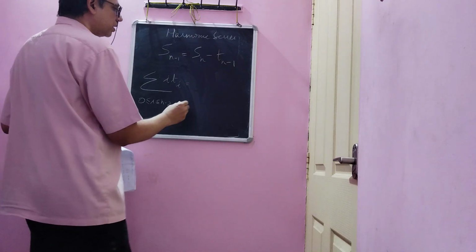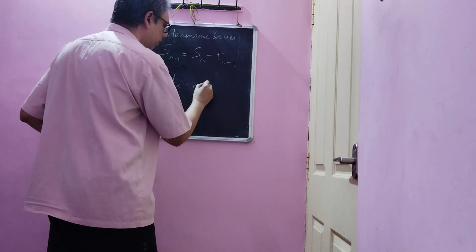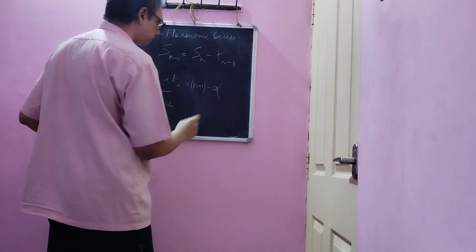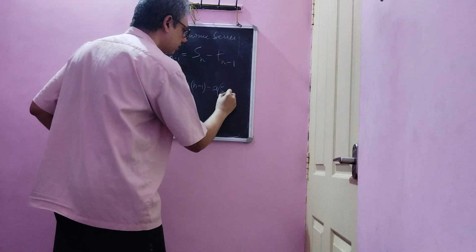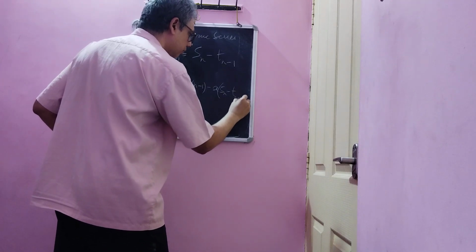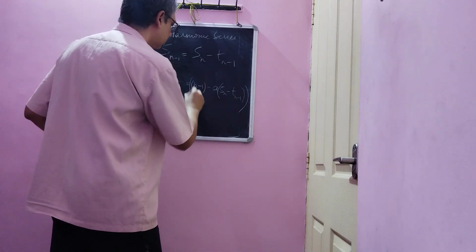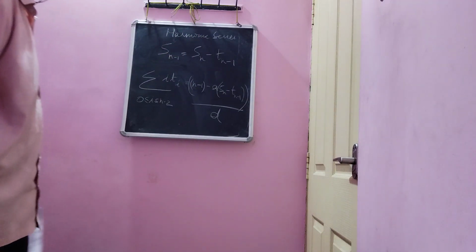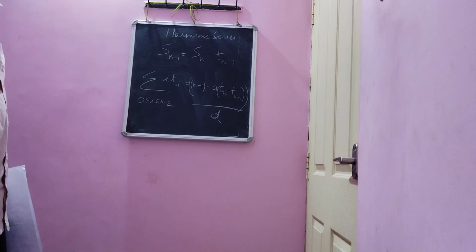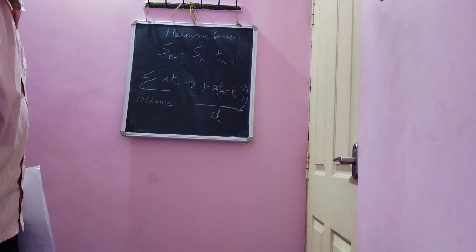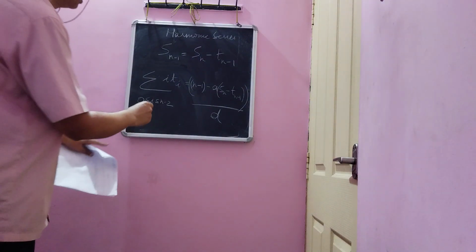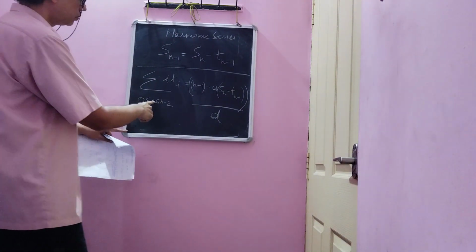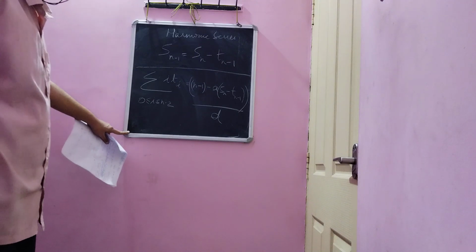It will be equal to n minus 1 minus A times Sn minus Tn minus 1 whole divided by D. This is the first part for the summation i Ti up to n minus 2 terms.